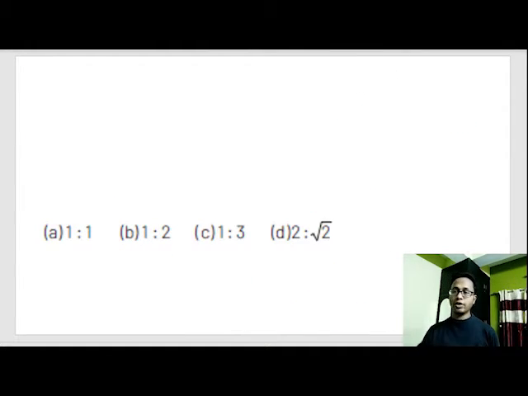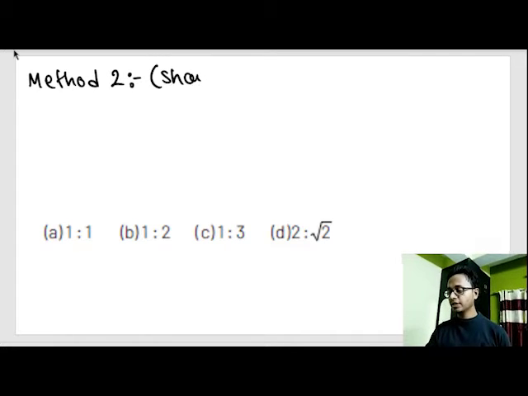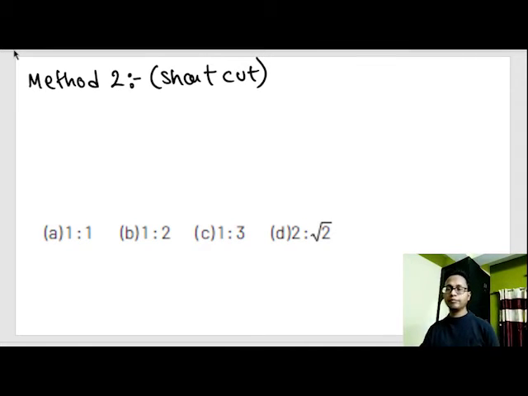Now for our method 2, which is usually a shortcut. Shortcut means for your competitive edge. Whenever the angles are complementary about 45 degree, then their ranges are equal.